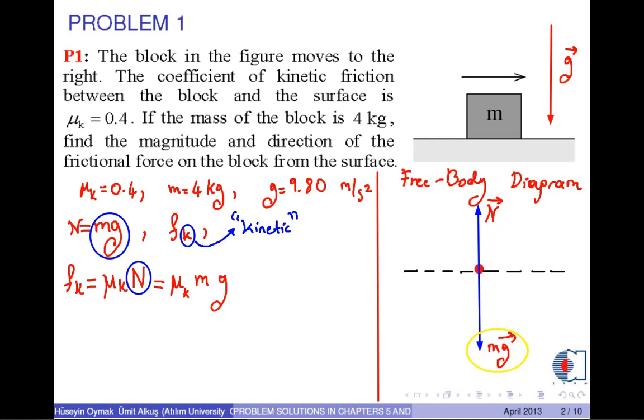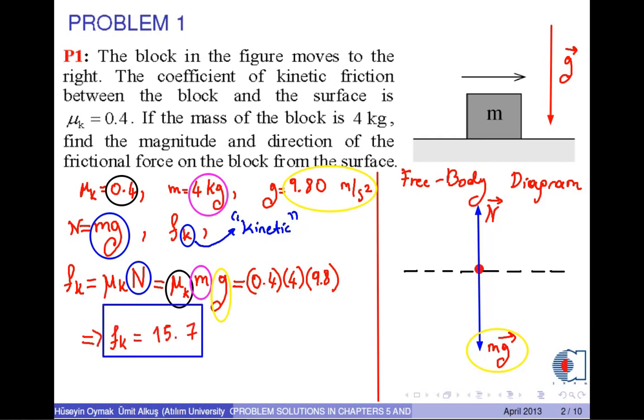So, we put the values of these quantities into the corresponding places. 0.4 for mu k times 4 kg for m times 9.8 meter per second squared for g, which results in 15.7.